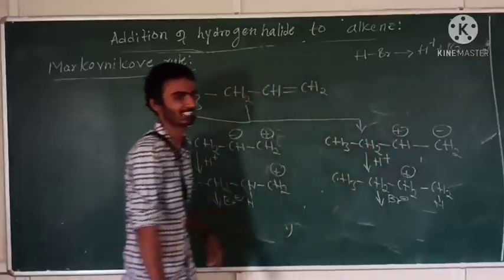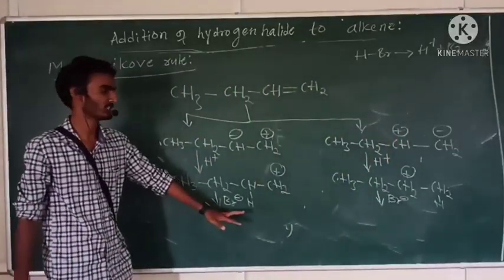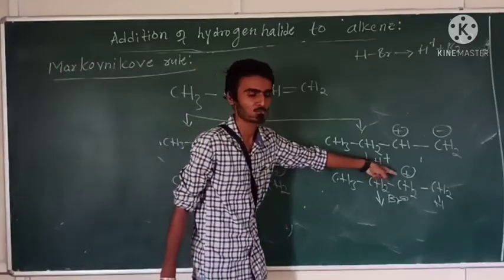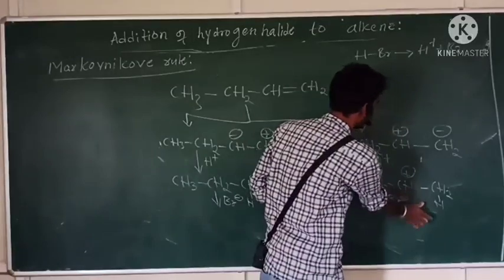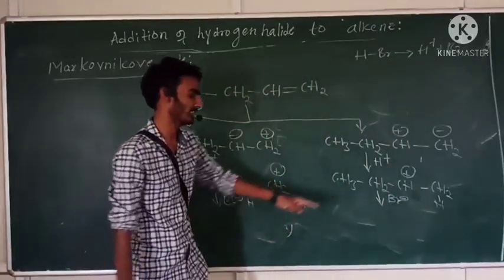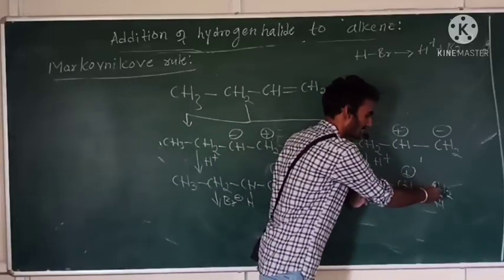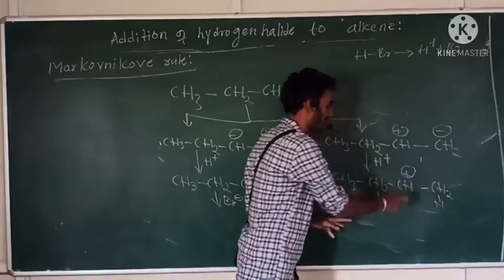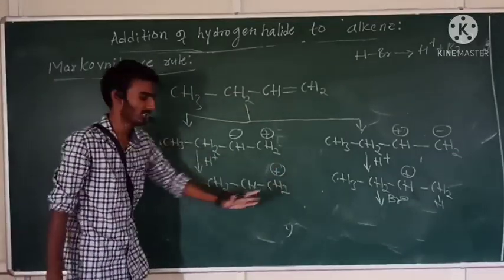So which carbocation is more stable? According to the hyperconjugation effect, this carbocation is more stable because it is a secondary carbocation, since two carbons are present adjacent. Therefore, this is a secondary carbocation. The terminal carbocation is considered a primary carbocation.